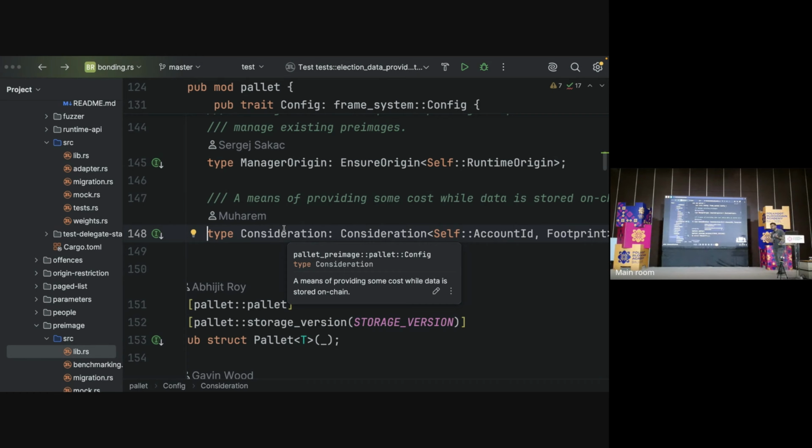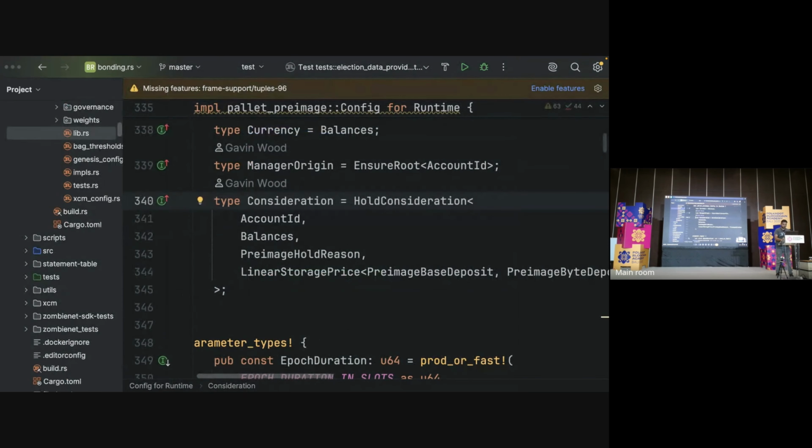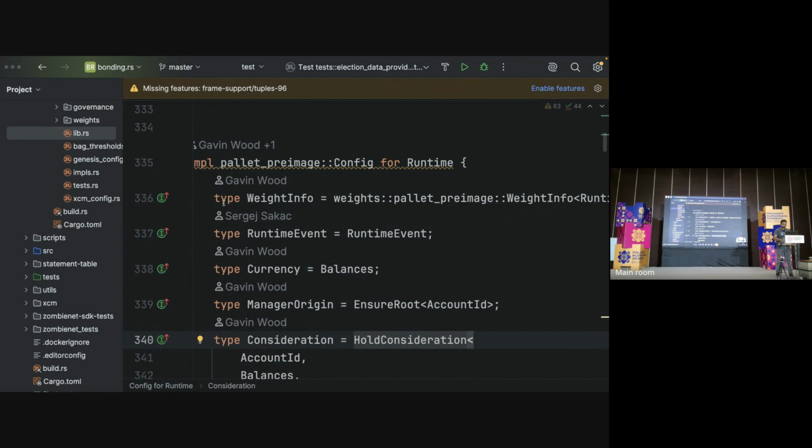So this case is only when you want to rent some fees for the storage taken by the account, right? Only in these cases. So on the palette level, you're just saying, okay, I need to consider something based on some footprint. How it will work is set on the runtime level. So again, this is palette code. You're just saying it's some consideration, and the actual consideration is here. You're saying, okay, this consideration should be hold consideration. This is the runtime code. We are saying palette pre-image config.